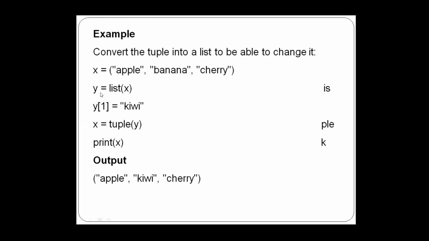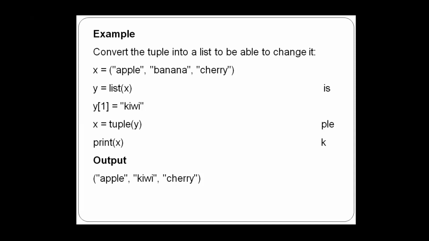Now when I say y is equal to list of x, this tuple is changed to a list. What is this list method? This list is a built-in method, or list constructor, and it can also be used to create a list. So now your tuple is converted to a list, and the name of the list is y.